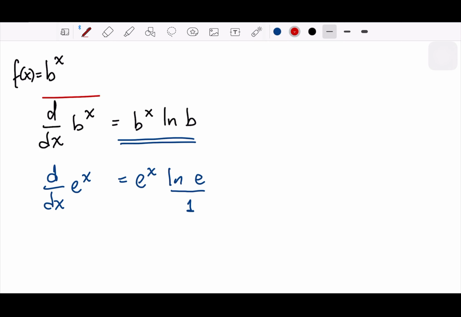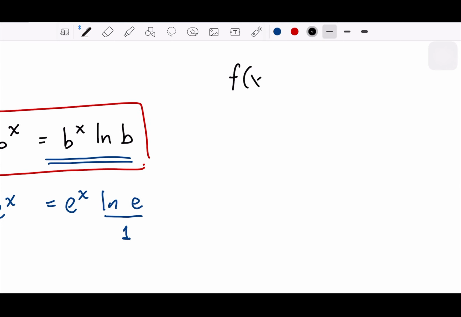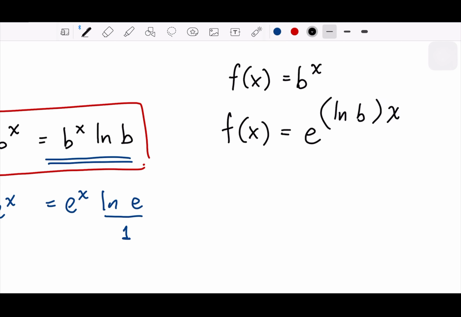So this is the general rule for the exponent. You can also think of the exponent as, you can manipulate the form and take this as e to the power of x ln b, or this is maybe to make it easy to look at.